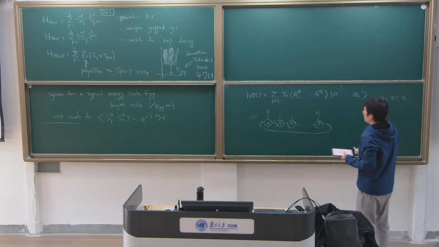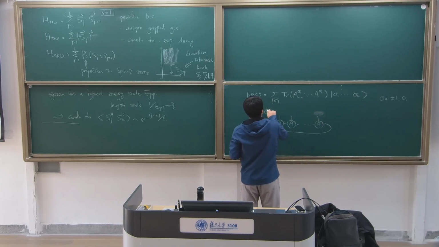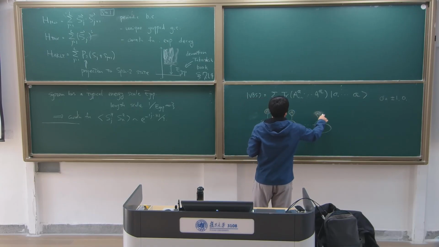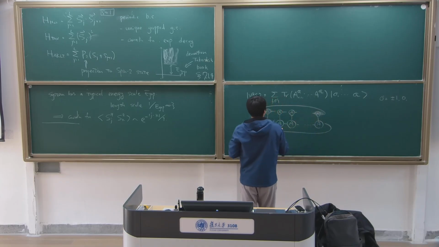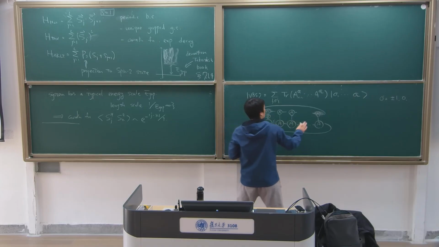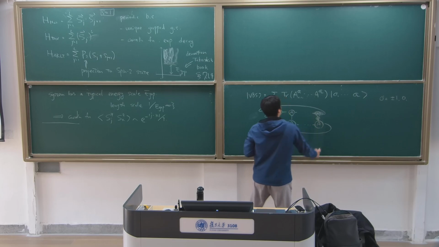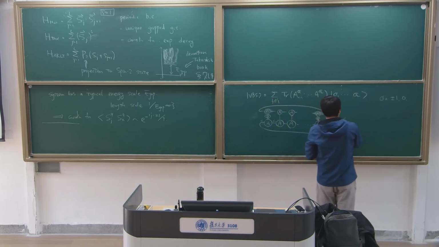And then what we did is that we essentially computed the similar system, and then here I put the S and here I put the S wherever, and then compute this partition function.